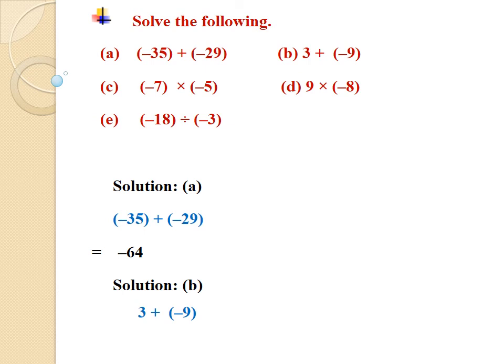Thus, subtracting 3 from 9, we get 6, and placing a minus sign before 6 as the negative integer is greater, we get minus 6. Thus, 3 plus minus 9 is minus 6.